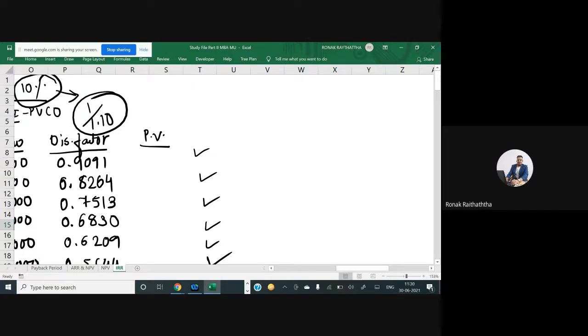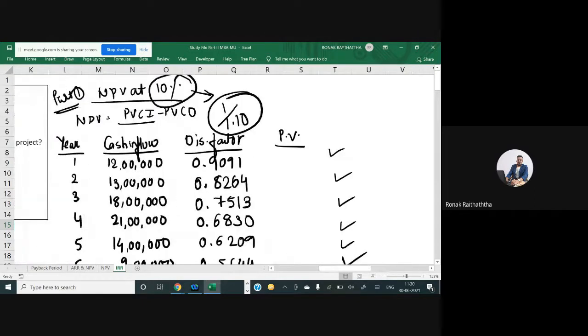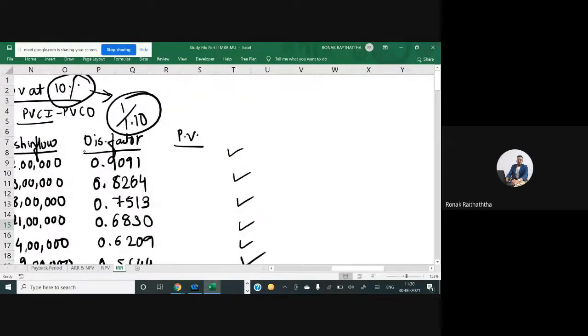If someone takes 14%, the answers will be slightly different, obviously, because it's an approximation. This interpolation is known as an approximation. You don't get the exact rate of return; it will be slightly off. So we will always move by 5% at the upside or 5% at the downside. So part 2.